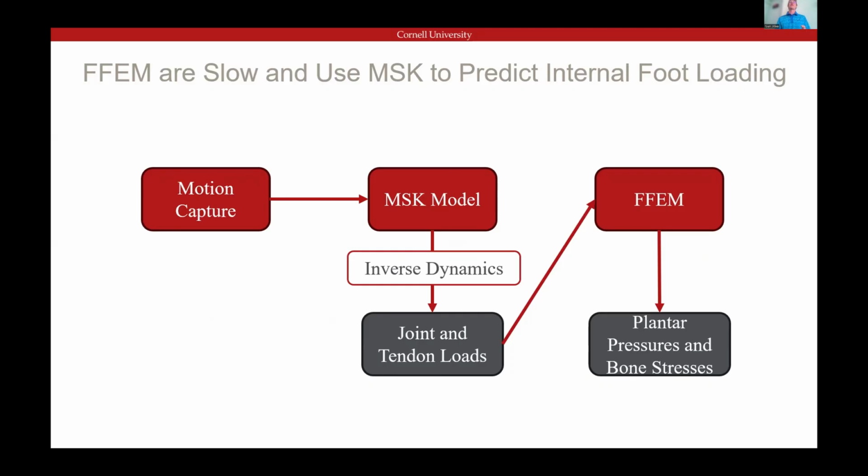These musculoskeletal models perform optimization of tendon load sharing through inverse dynamics, which produces the optimized and predicted joint and tendon loads. These joint and tendon loads are then inputted into the finite element model, which is the geometry representation of the foot. And in turn, we get out the plantar pressures and bone stresses predicted within a person.